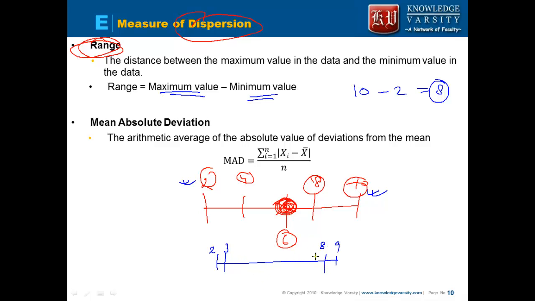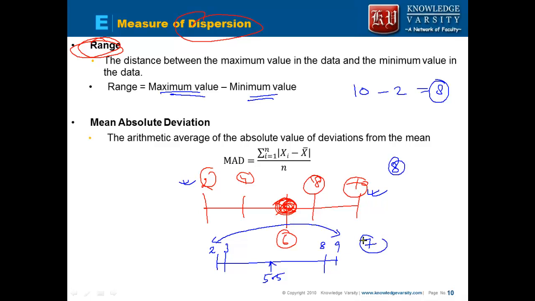The average will be 8 plus 9, 17, plus 3, 20, plus 2, 22, so 5.5. The range is 9 minus 2, 7.